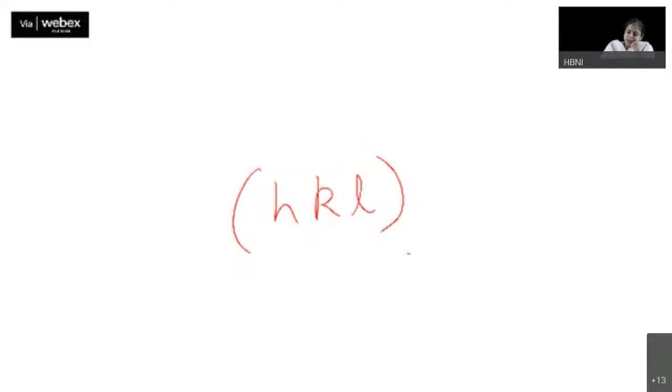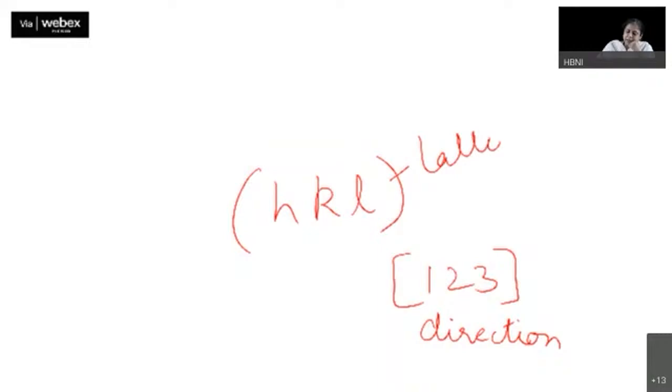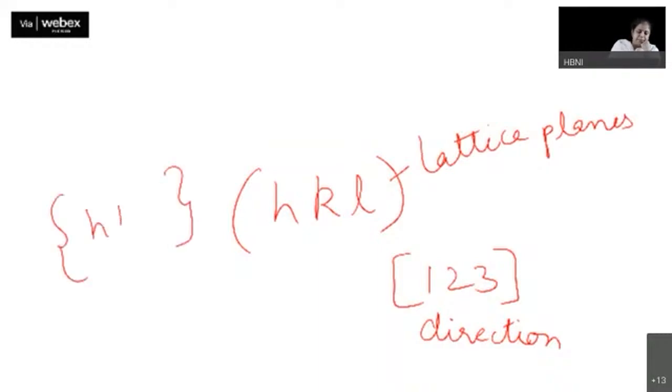And if you send me a number covered by square brackets, what I will understand is that Ankur is trying to send me a direction. These are the Miller indices of a direction. These are the Miller indices of the lattice planes. And if you have a family of equivalent lattice planes, you represent them by this. These are just conventions. If you have a family of directions, you represent them by this. I hope this is clear now.